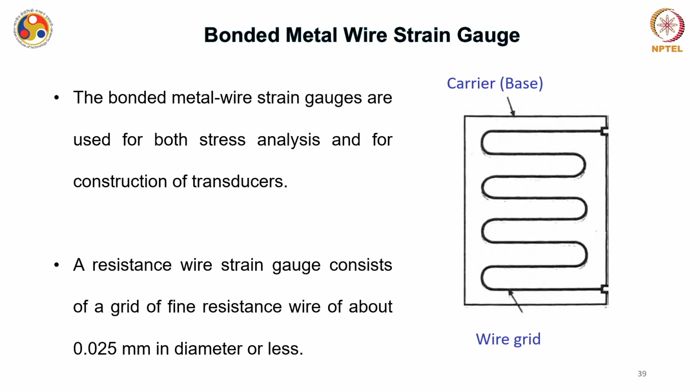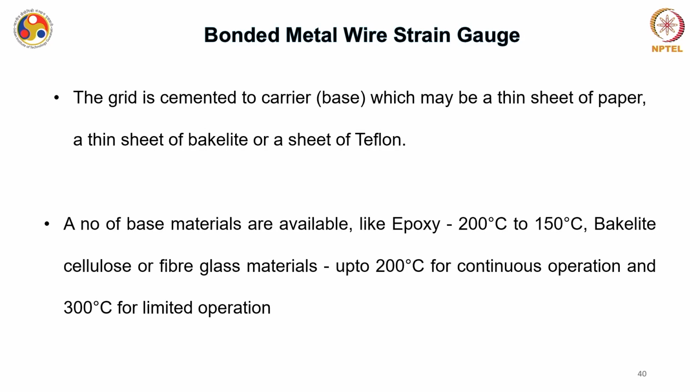Okay. So, a resistance wire strain gauge consists of a grid of fine resistance wire of about 0.025 mm in diameter, or it can be even less than that. Okay. Now, the grid is cemented to a carrier, which is also known as base, which may be a thin sheet of paper or a thin sheet of bakelite or even a thin sheet of Teflon, as was in the case of semiconductor bonded strain gauges. Okay.